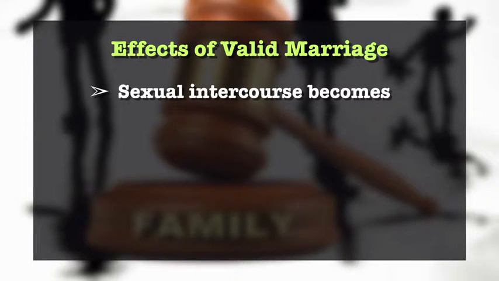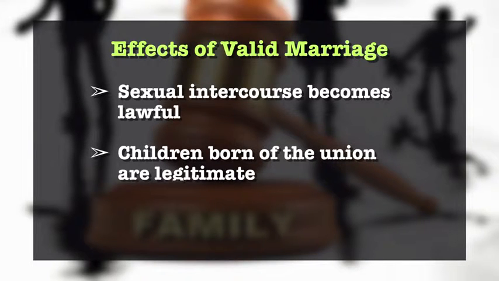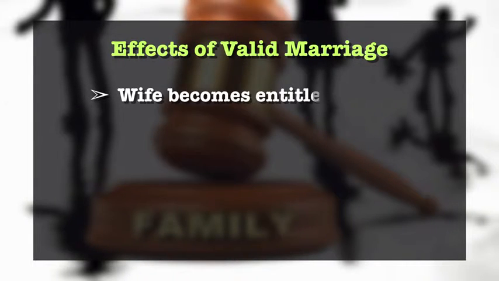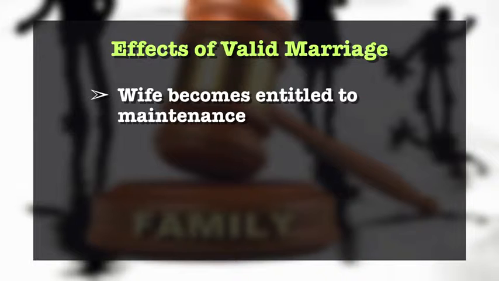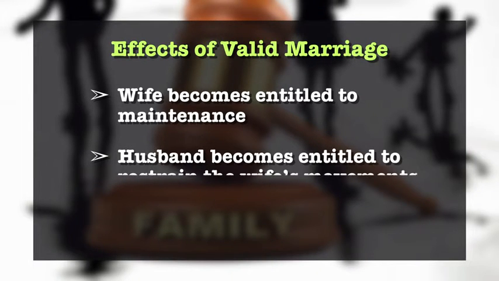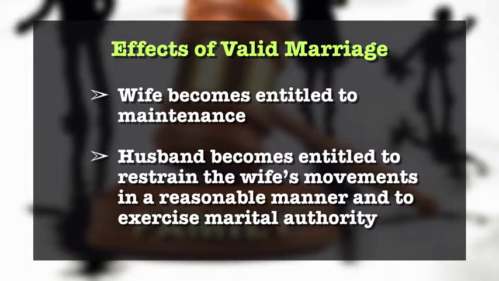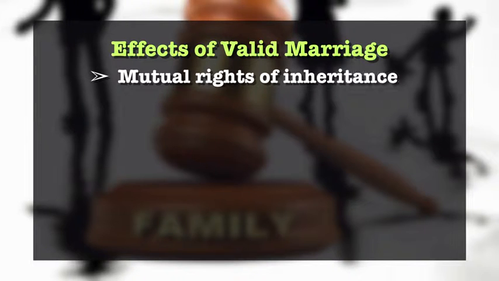Number 1, sexual intercourse becomes lawful. Number 2, the children born of the union are legitimate. Number 3, the wife becomes entitled to dower. Number 4, the wife becomes entitled to maintenance. Number 5, the husband becomes entitled to restrain the wife's movement in a reasonable manner and to exercise marital authority. Number 6, mutual rights of inheritance are established.